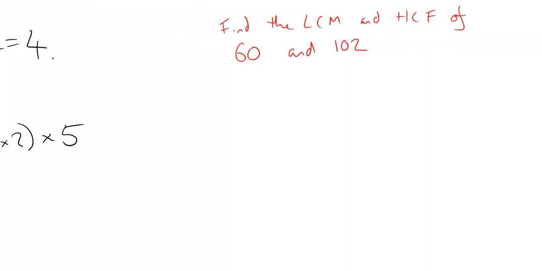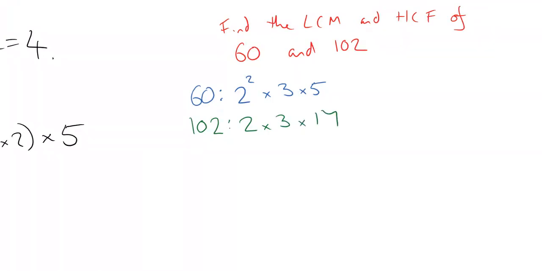Now, you can use a factor tree to do this, but let's just say we've got that sorted and understood, and I'm going to help with this bit. So 60 can be written as 2 squared times 3 times 5. 102 can be written as 2 times 3 times 17.